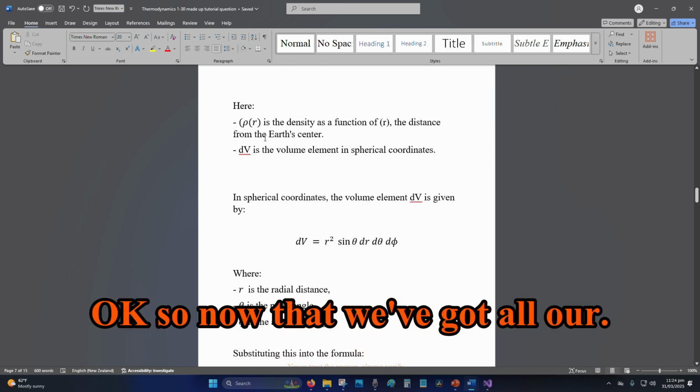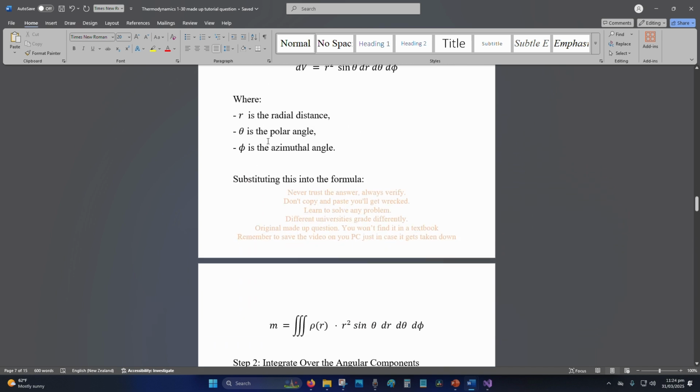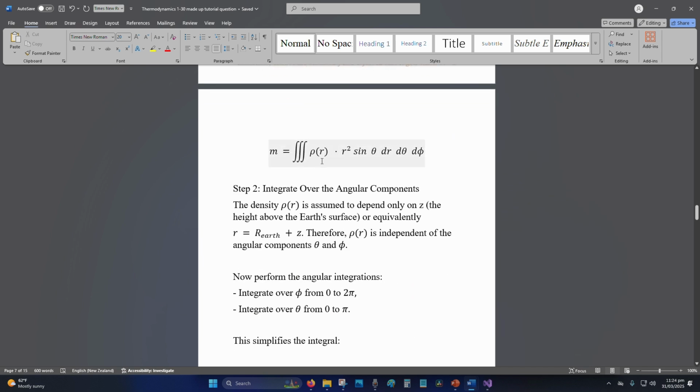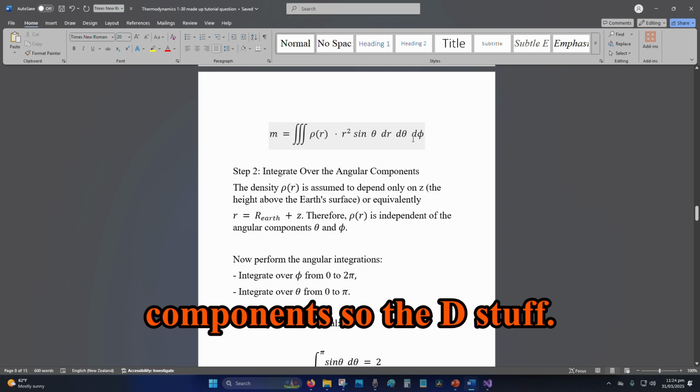Okay, so now that we've got all our values assigned and defined, we can now substitute that into the equation, which looks like this. So step 2, we integrate over the angular components, so the d stuff.